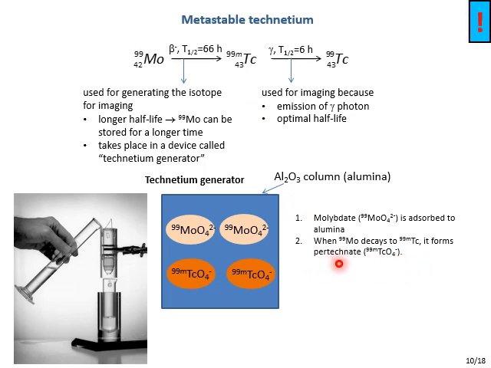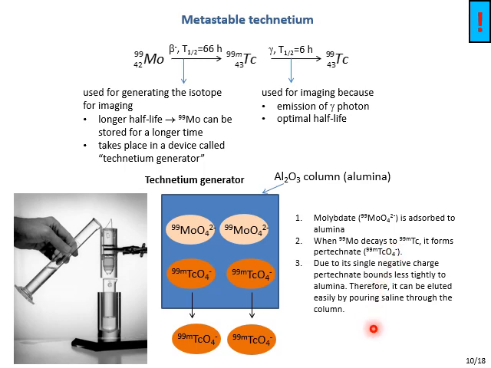So molybdate is converted to pertechnetate, but pertechnetate has only one negative charge, and therefore it binds less strongly to the alumina, and can be relatively easily eluted by pouring saline through the column.